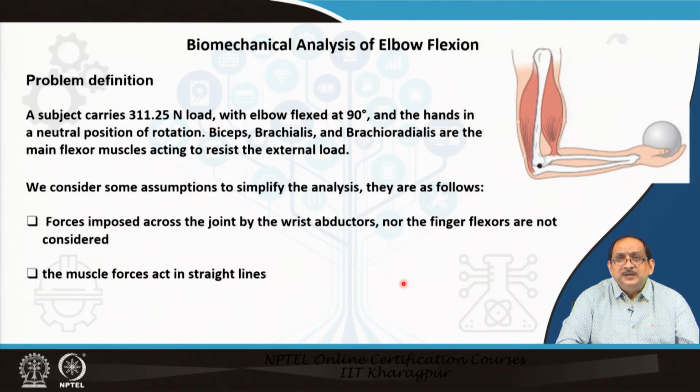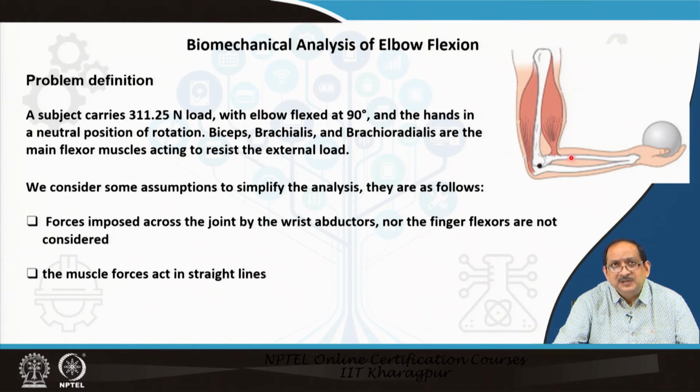Let us define the problem. So, you can see that a subject is carrying a load of 311.25 Newton in the position of elbow being flexed at 90 degrees. So, elbow flexion is 90 degrees.